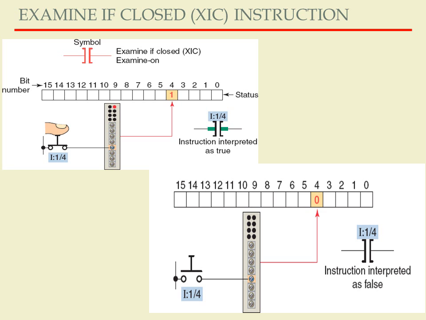If the instruction is interpreted as true, it will store 1 in bit number 4 of the status table. In the next diagram there is one switch which is already open, we call it normally open. If the status is 0, if the instruction is interpreted as false, 0 will be stored in bit number 4.